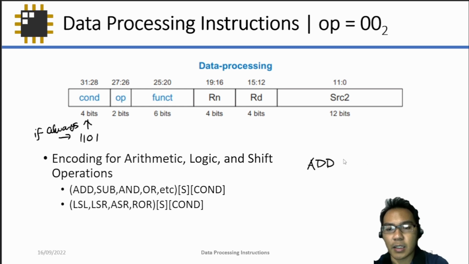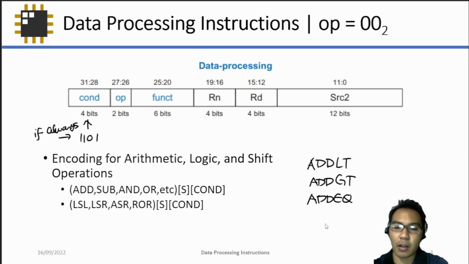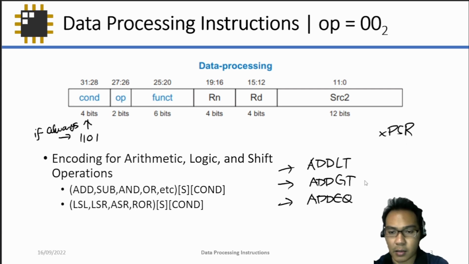But basically, you have add LT, add if greater than, add if equal. So basically, these are things that depend on the previous instructions status registers. So these parse the XPSR in order to see whether or not these instructions should actually go ahead and be executed.